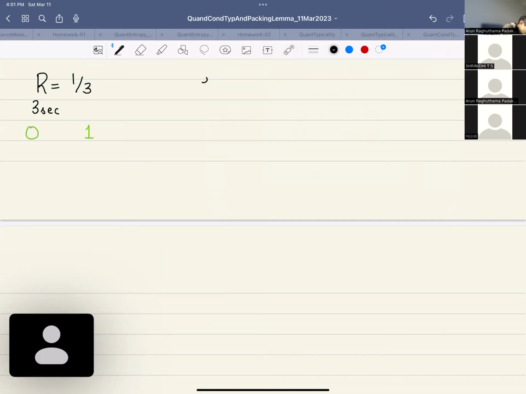In 3 seconds, she could have prepared any one of these states. And what she should do is assign something for 0. So it could be, let's say, row 0 tensor row 1 tensor row 1, and for this it could be, say, row 1 tensor row 0 tensor row 0, right?